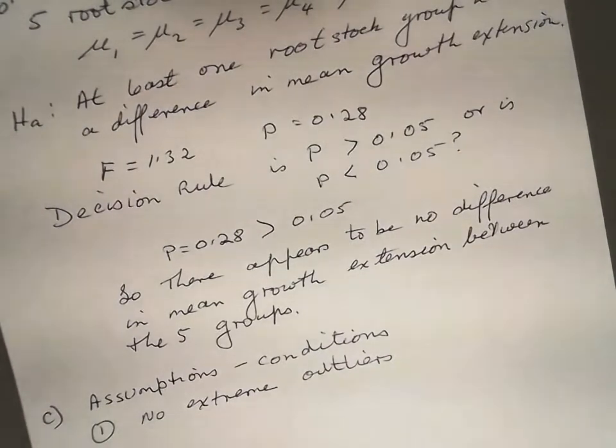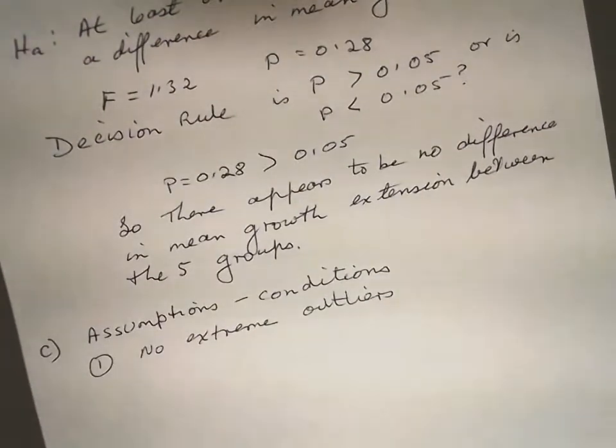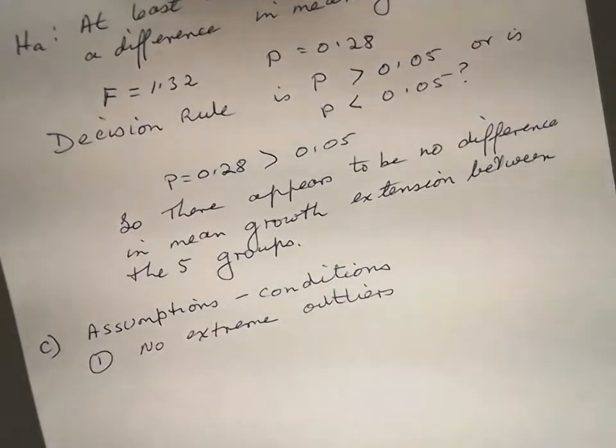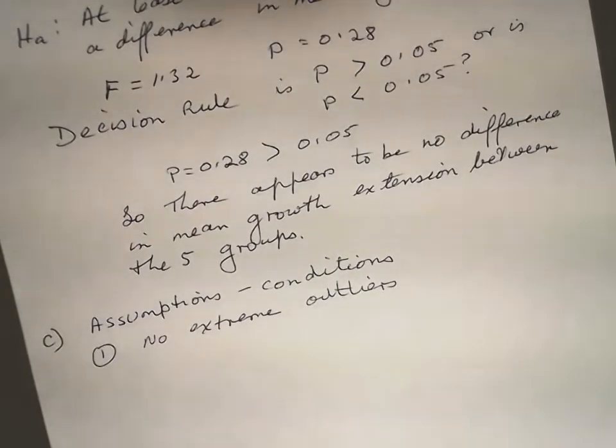I did suggest that in the previous video, that when you write down what the different types of tests are that you can do in a hypothesis test, that beside them you write down the conditions that are supposed to be met to allow you to carry out those tests and therefore have confidence in the results that you get from them or the conclusions that you get from them.